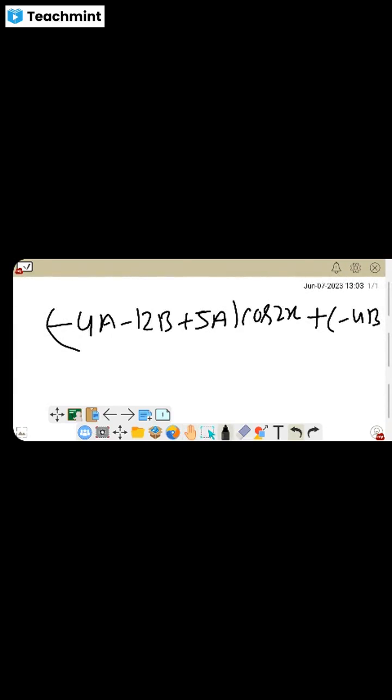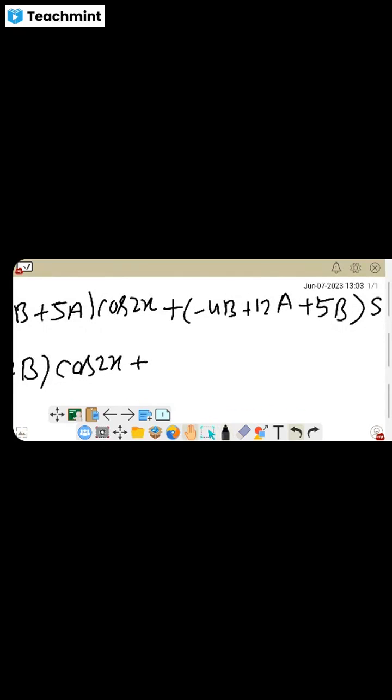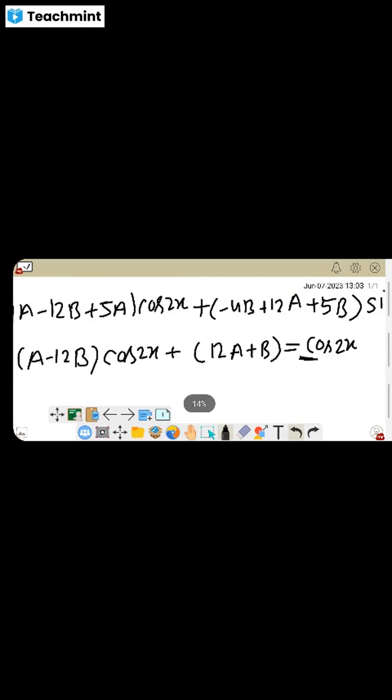So here we have a minus 12b into cos 2x plus 12a plus b into sine 2x is equal to cos 2x.